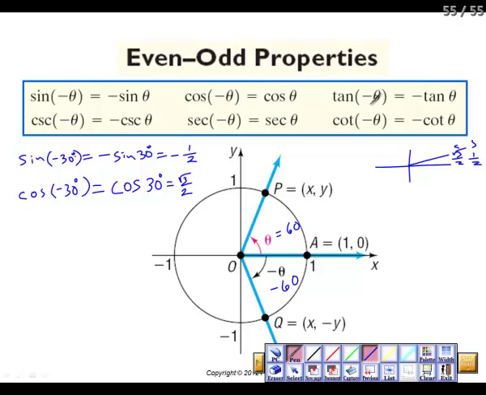Tangent of a negative theta is going to be negative tangent, and same thing with cotangent. Since secant is the reciprocal of cosine, if cosine of negative theta is positive cosine, then secant of a negative theta is also going to be positive secant.